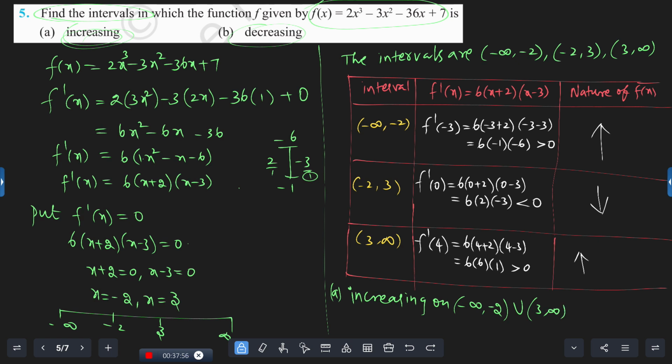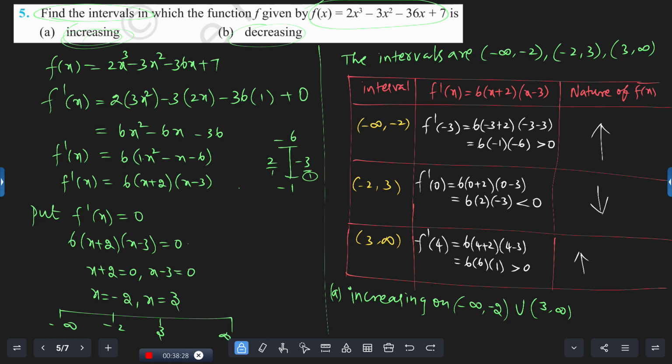In both places we are getting it, so you can mention the union symbol or write 'and'. In words you can write 'and'. Sir, in probability we studied 'and' means intersection, and you are telling union? Not like that. Here 'and' is in the sense of taking together. Probability is different and this is different; don't confuse both. In both places it is increasing, so I'm giving union 3 to infinity.